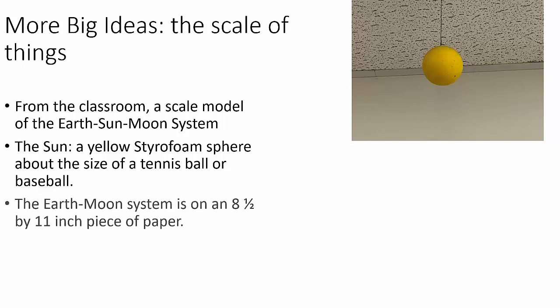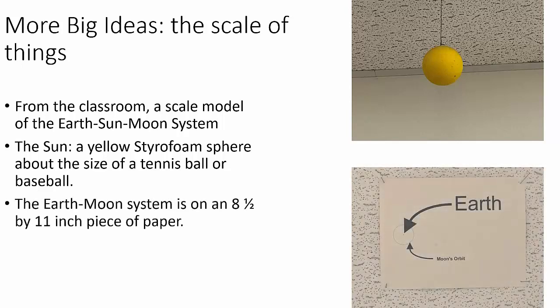And then I have the Earth-Moon system drawn on an 8.5 by 11-inch piece of paper. The Earth is a tiny dot on that piece of paper, about the size of a period on a typed page. And the Moon's orbit is a small circle drawn on there. The Moon's orbit is only about 2/3 the size of the Sun, and so pretty small.